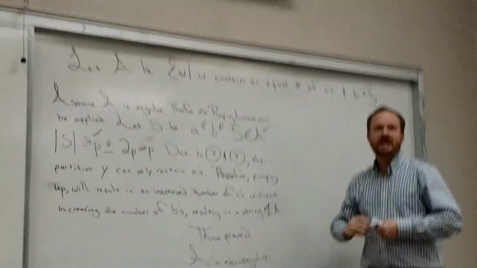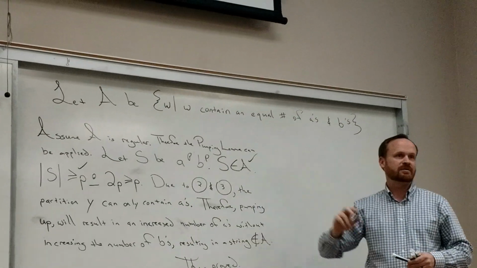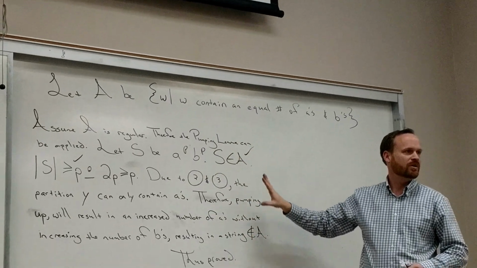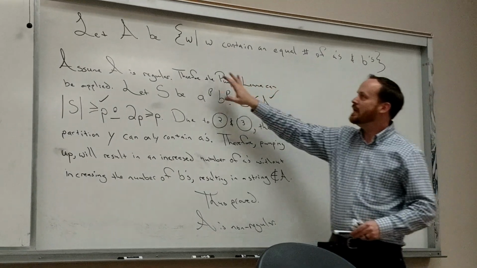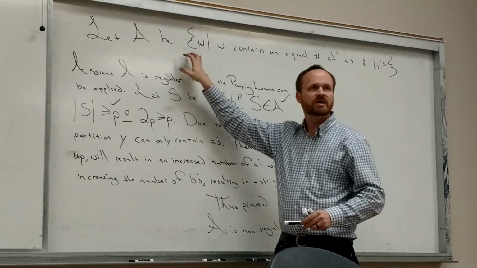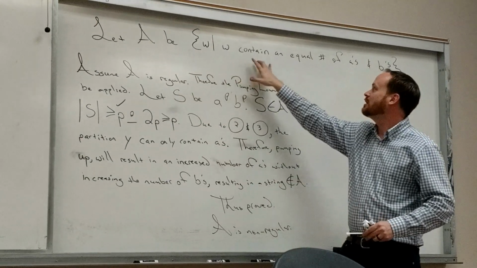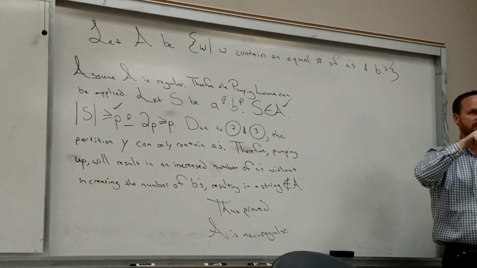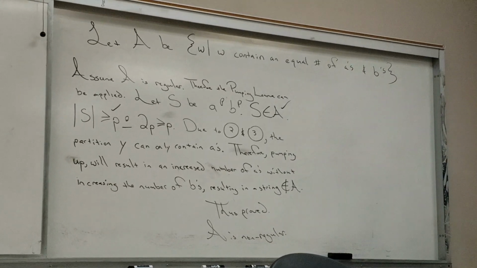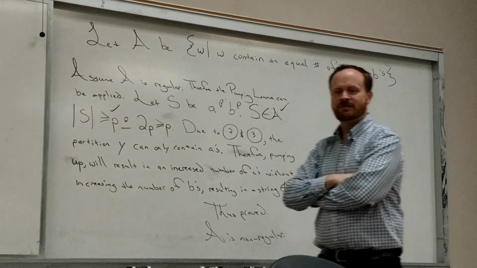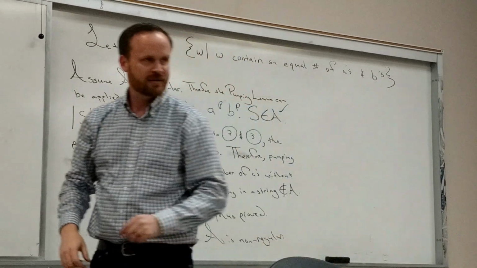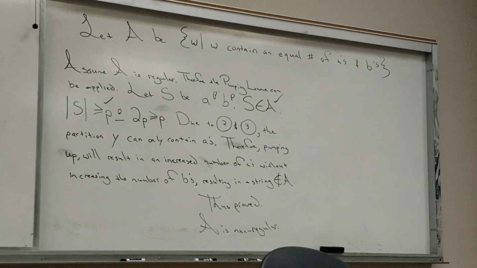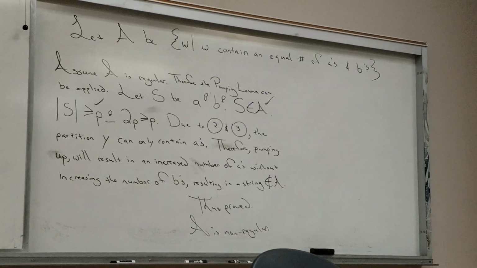Using this as a template, as the general direction, I'm going to leave it up here to remind you where we're going. Let A be the language where it contains strings W such that W contains an equal number of A's and B's, and try to prove non-regularity. I'll leave the bottom as an example of the direction you might take.